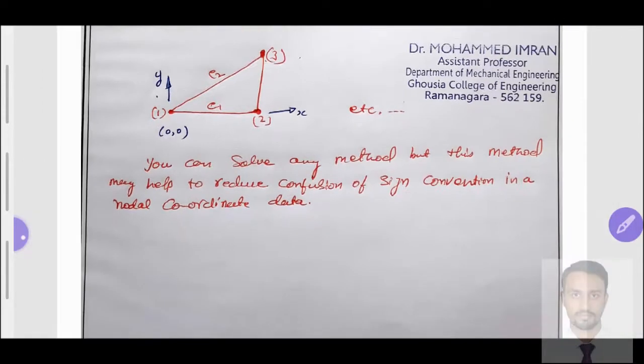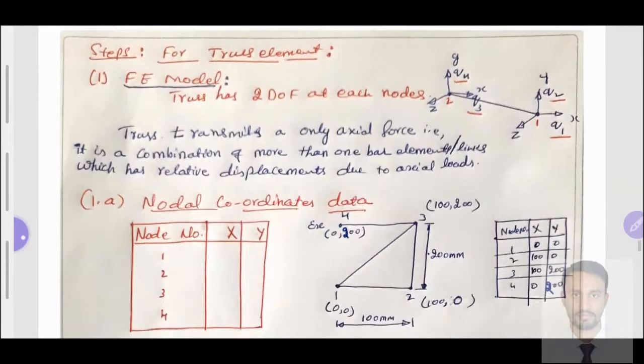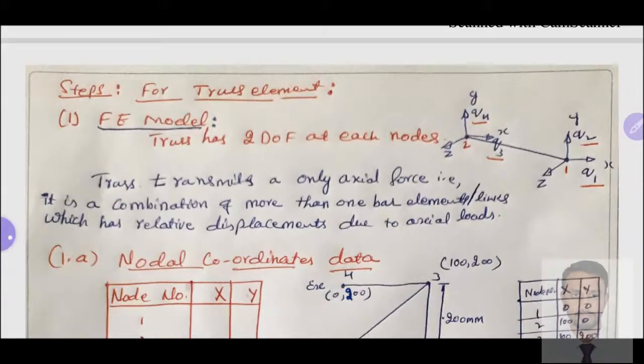So now we'll go through how to solve the problem, the procedure completely, step by step. After positioning the nodes and elements on an axis to bring all the data into positive coordinates, to remove the confusion of writing nodal data, we will solve the problem step by step.